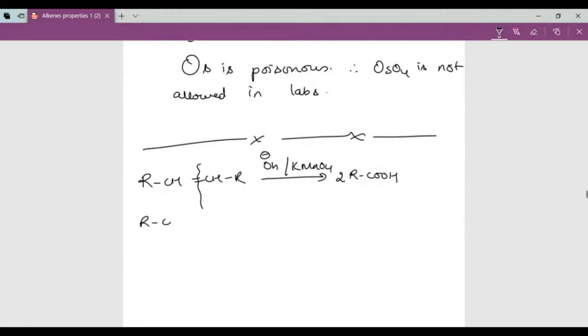If I just forget, then here I will have RCOOH and formic acid. If further heated, or if the conditions are acidic KMnO4, this formic acid may easily be oxidized to CO2. So we have to be very particular about the concentration conditions and the temperature conditions when we use KMnO4.